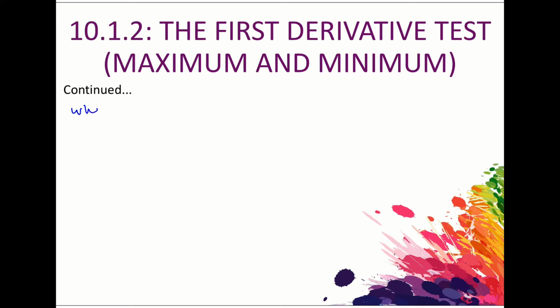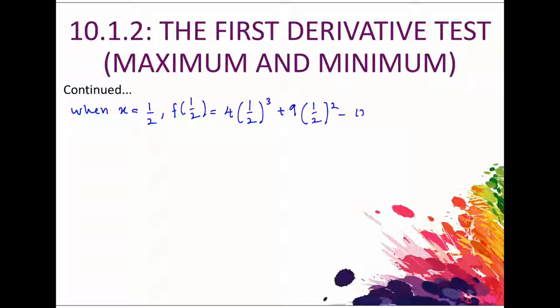So when x is equal to 1 over 2, f(1/2) is equal to 4 times 1 over 2 cubed plus 9 times 1 over 2 squared minus 12 times 1 over 2 plus 13 equals 39 over 4.